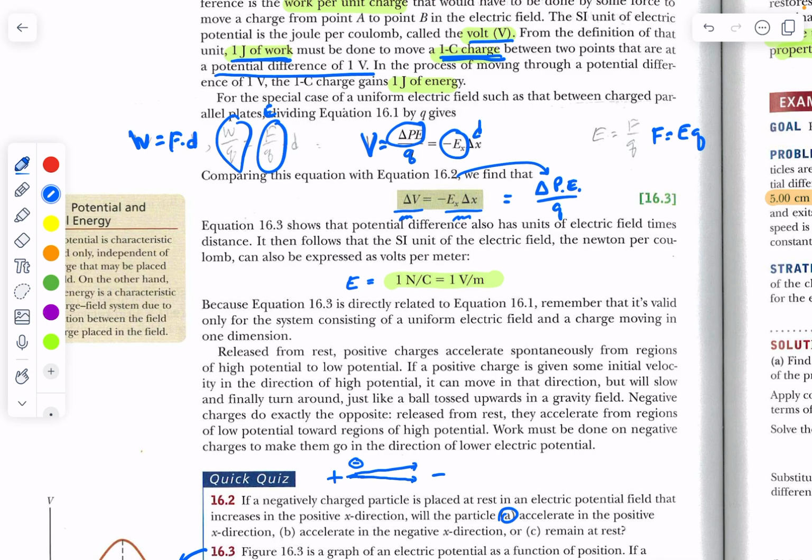So my change in voltage is going to be equivalent to my electrical field strength times my change in position.